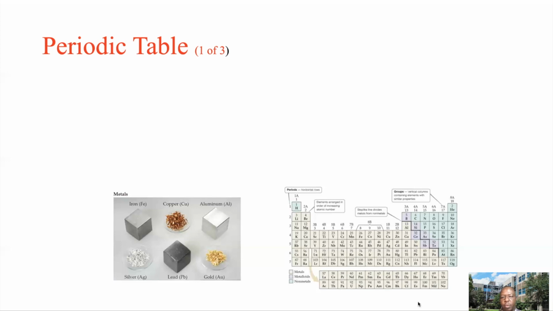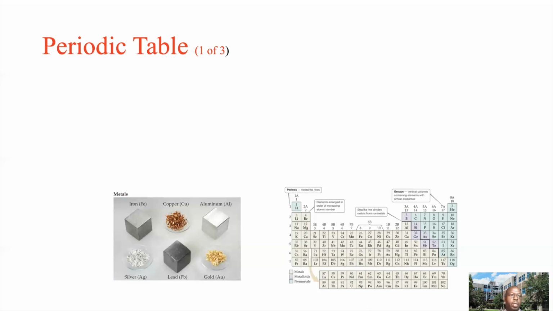This consists of boron, a metalloid or semi-metal, silicon, germanium, antimony, and tellurium. Some texts have polonium as a metalloid, but as far as we are concerned for the class text, these are the only metalloids we have to pay attention to.